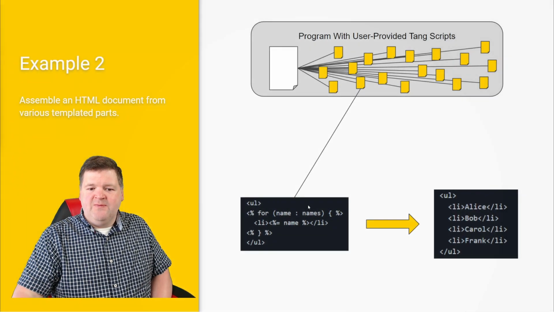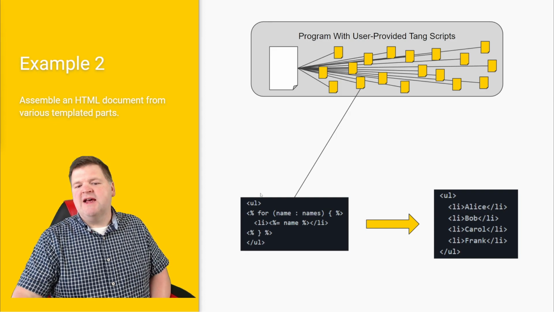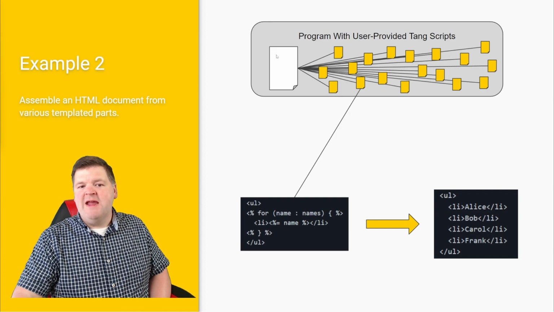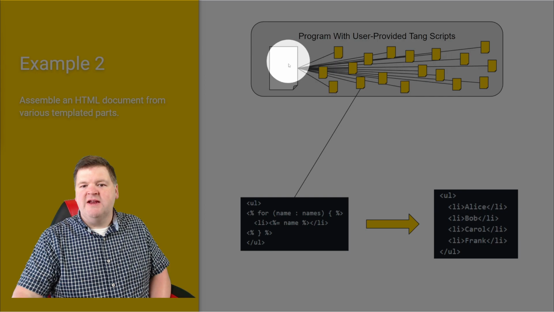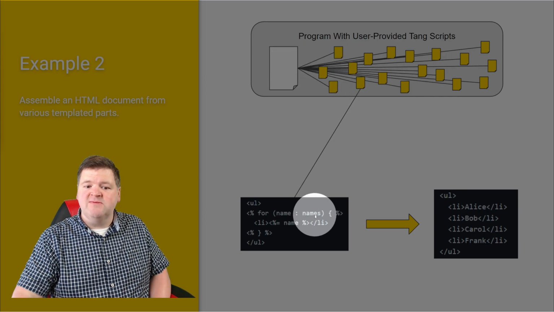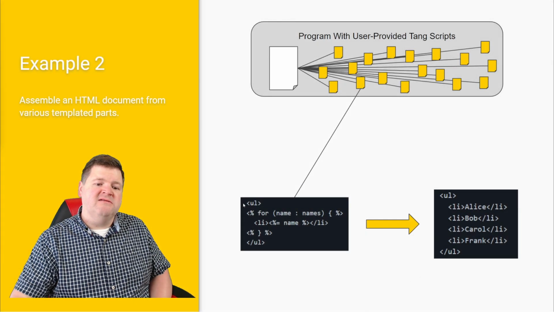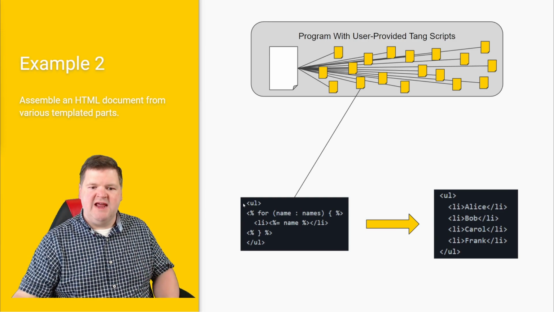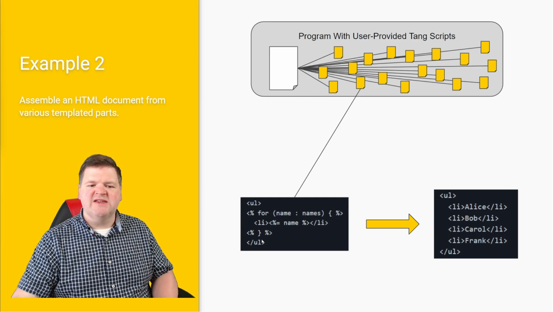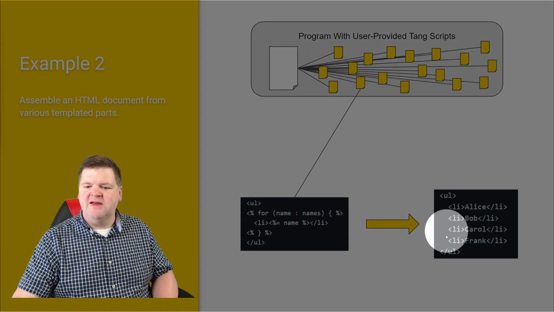The way that this Tang script would work is that when the main program, that is this right here, calls the script, it will give it the list of names. And then the template designer could say, this is what I want to do with the names. This is what I want you to assemble. So interpret this script. And the output might be a list such as this.